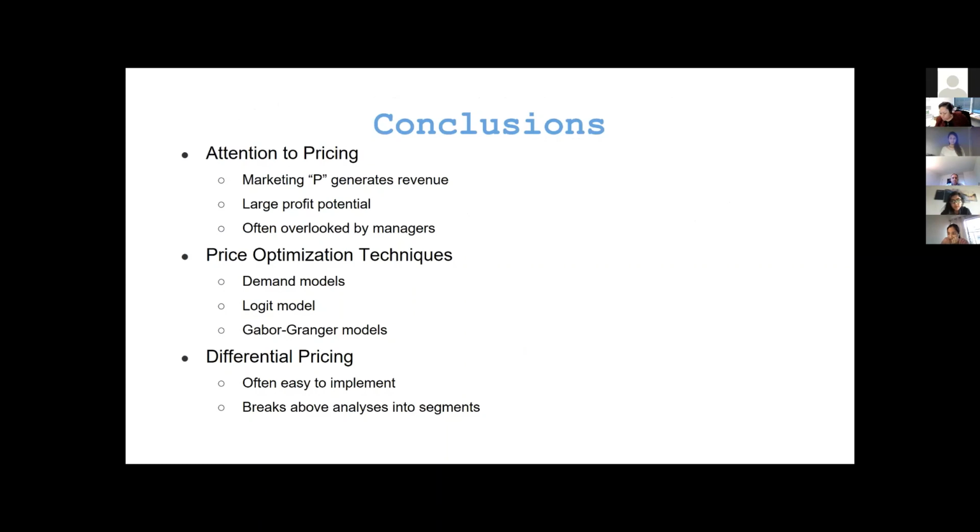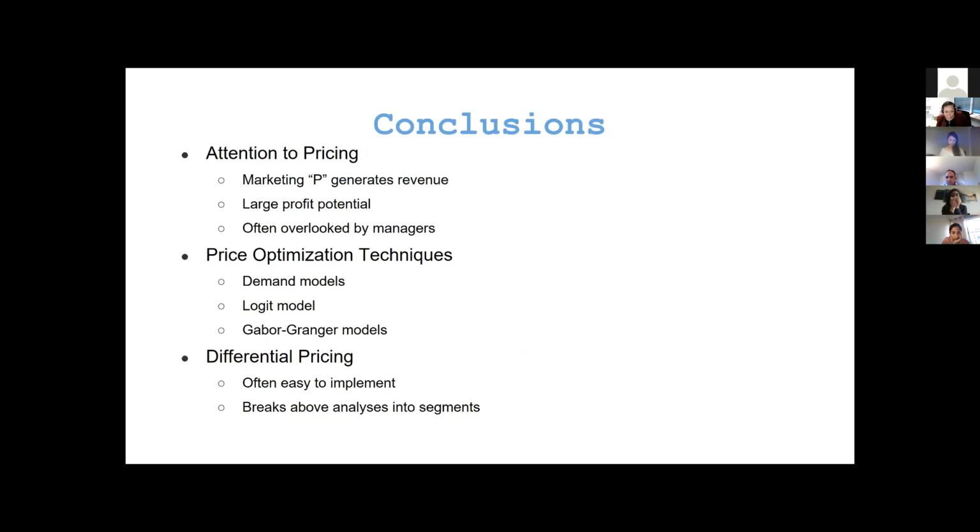And so overall, in terms of pricing, what we talked about is attention to pricing. It's the P in the marketing mix that generates the revenue. It's very profitable in terms of getting an optimal price, but it's often overlooked by managers. They focus on costs and they focus on increasing sales by selling more units.